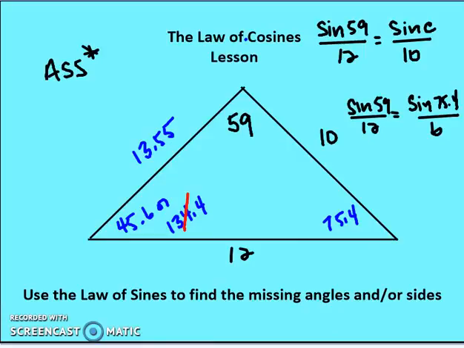In this case we're only going to get 1 solution, because the second solution provides an angle measure of 134.4, which when added to 75.4 creates a triangle whose internal angles are greater than 180 degrees. So we just have 1 solution in this case: 45.6 for the angle measure, 75.4 for the other, and 13.55 for the side length.